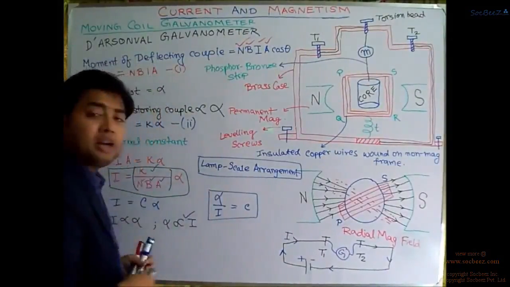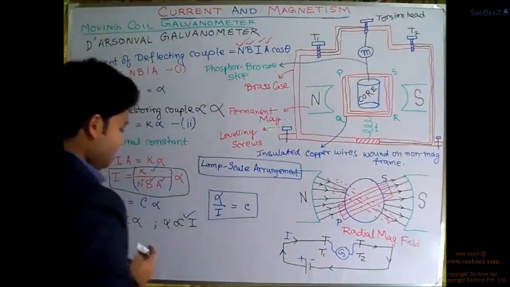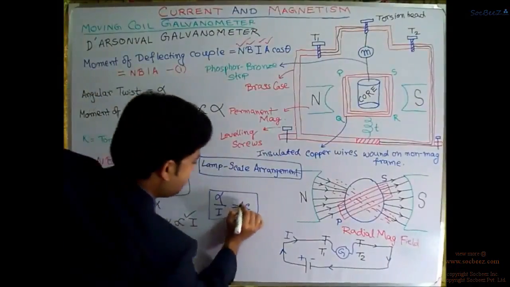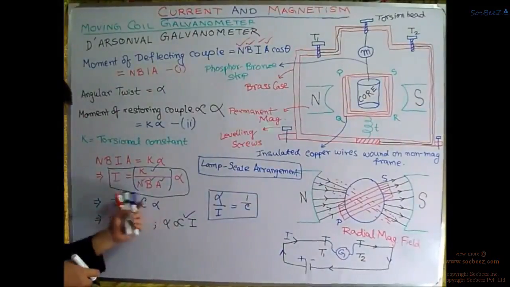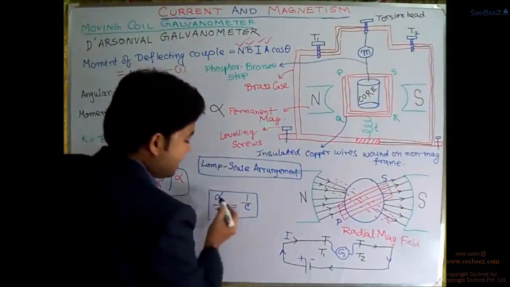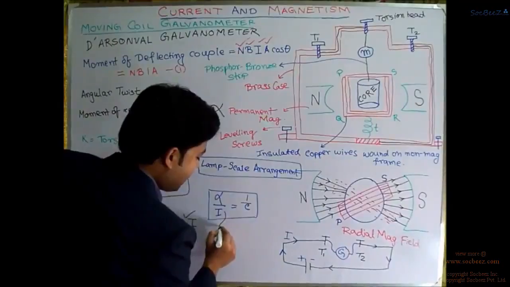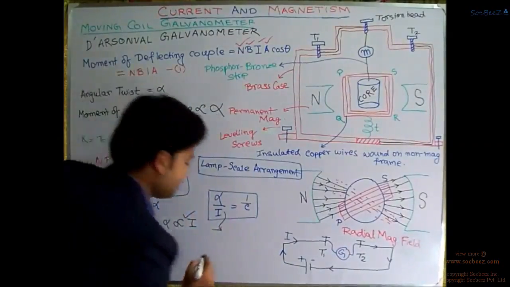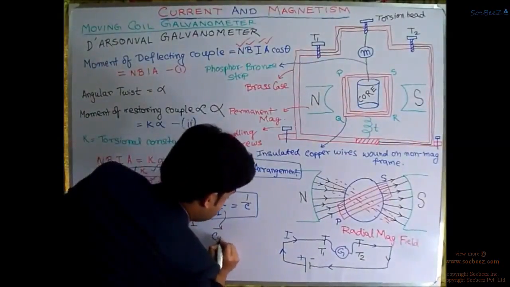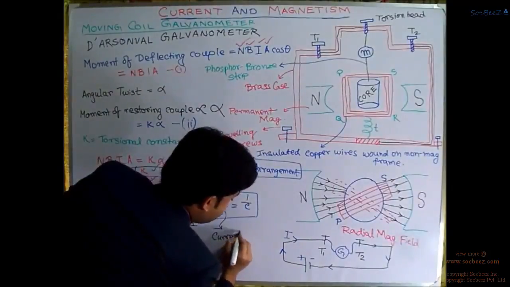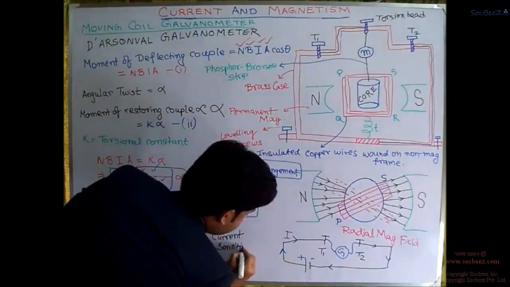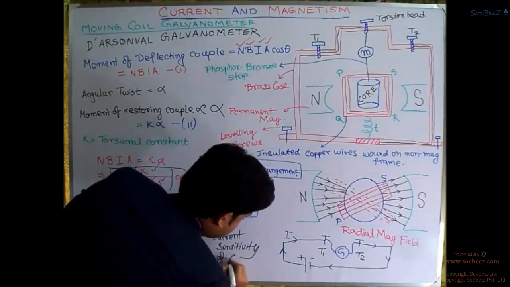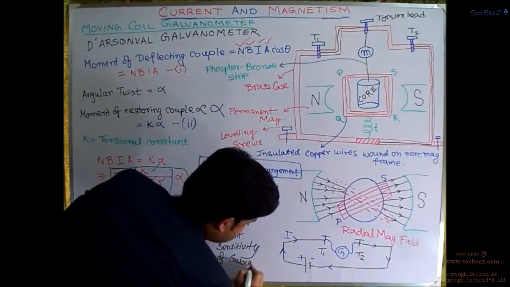And this alpha divided by I will actually be 1 divided by C, because observe, if C comes to the other side, this will be 1 divided by C. This alpha divided by I is famously known as the current sensitivity of the galvanometer.